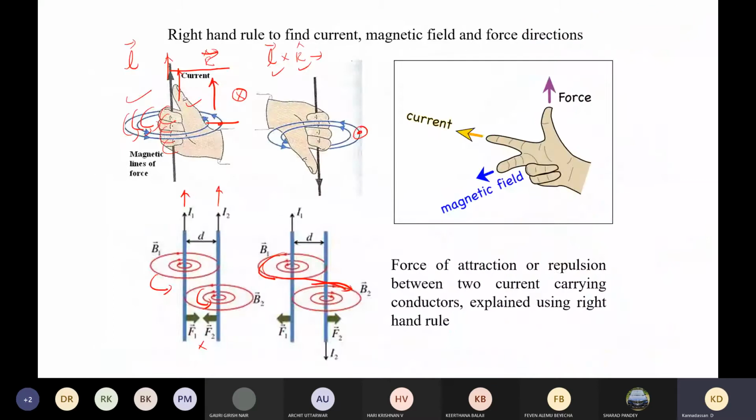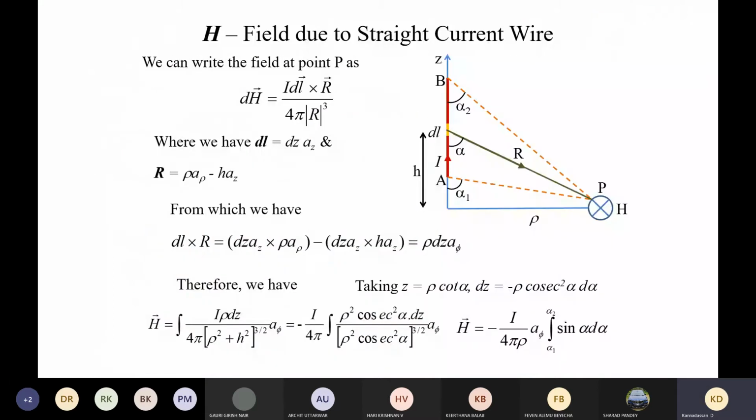So let us try a straight wire, which is a finite wire, and this wire has a total length, let's say L, and is defined along the z-axis. In this z-axis there is a wire, and this wire has a starting point and an end point, defined like A and B, very similar to the electrostatic conditions.